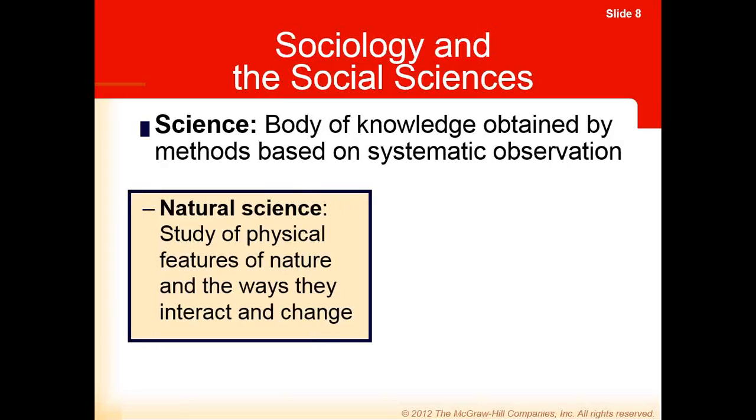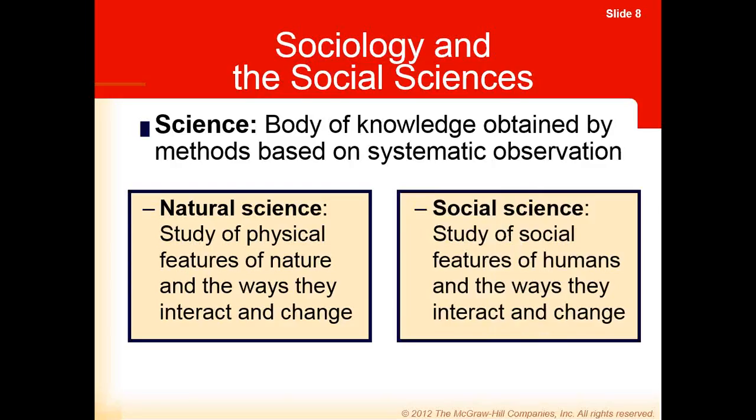You think about physics, biology. They have scientific laws. That's what Auguste Comte was looking for, the laws that govern human interaction in the same way that Newton's laws of motion, laws of gravity, and laws of energy conservation govern the way that motion and energy occur in the natural world.